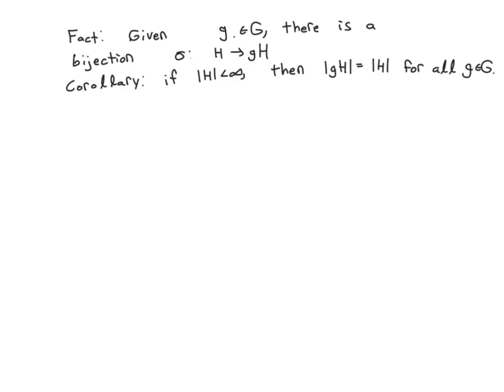Well, if you do the way we're used to doing mathematics, you think, well, first I need to define a function, then I need to show that it's surjective, and then I need to show that it's injective, or vice versa.